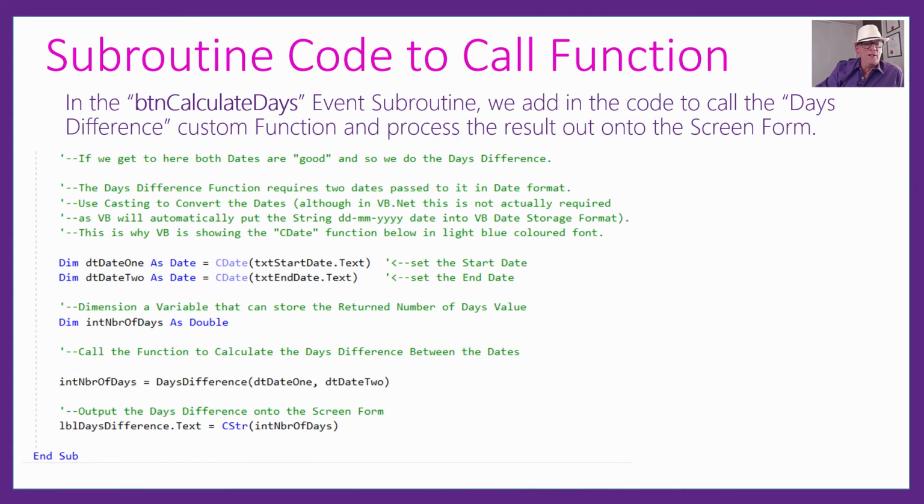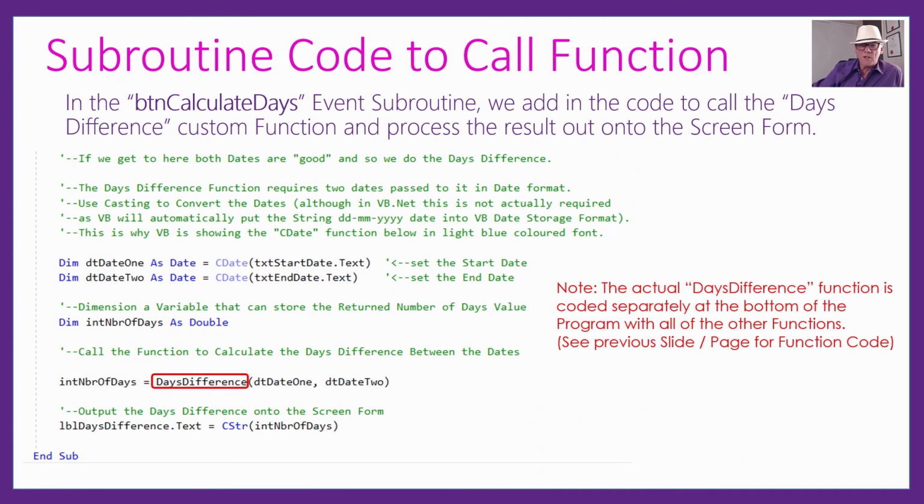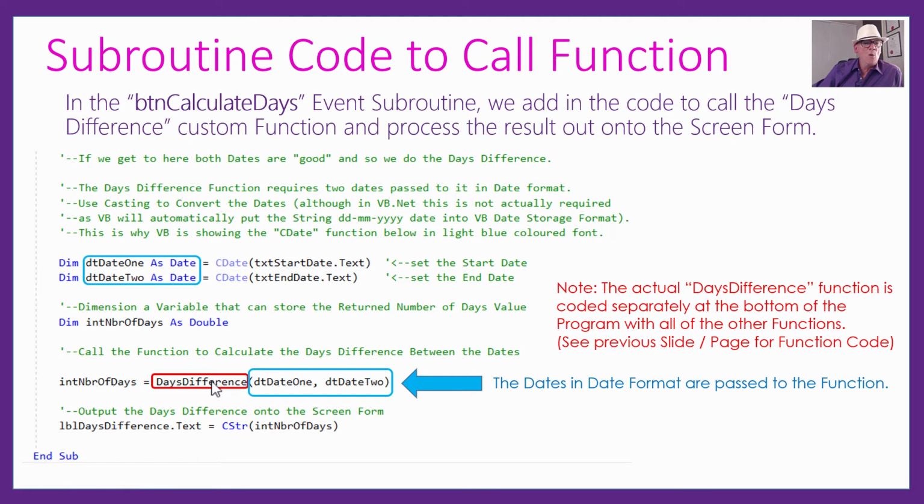And the subroutine to call this, we need to set that up. The days difference function, remember we just saw that, is all coded separately down the bottom of your program. We need to set up our dates and make sure they're in date format. So the stuff on the form that we're looking at, turn that into date format so that when you pass it in here, it's in date format going down into the function.